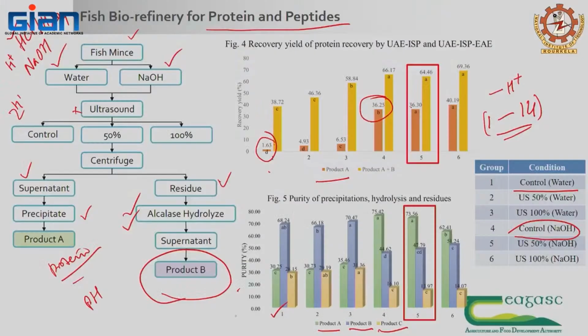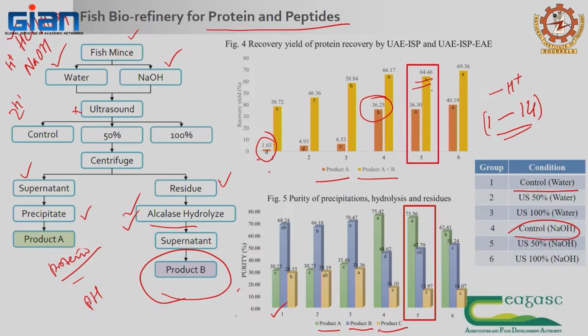So as you can see, this has product A with these two values, and then the residue. If we use enzyme, there is a specific procedure for that, and you get this much protein recovered, both product A plus B, that is, this is also protein and this is hydrolyzed protein, or protein hydrolysate, and you can see how the recovery is changing.